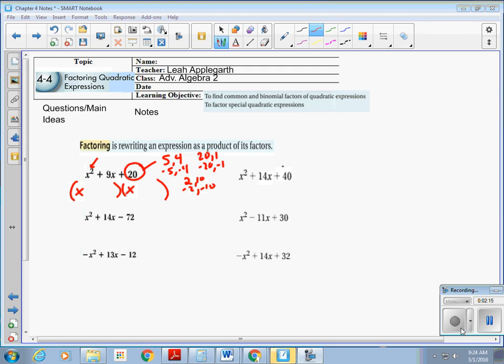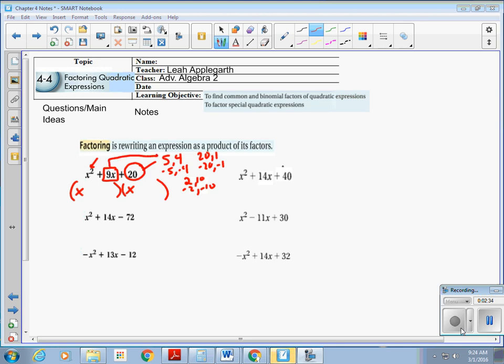But I use this middle term to tell me which of those possibilities I'm going to use. Which two numbers out of the ones that I've listed multiply to give me 20, but add to give me 9?